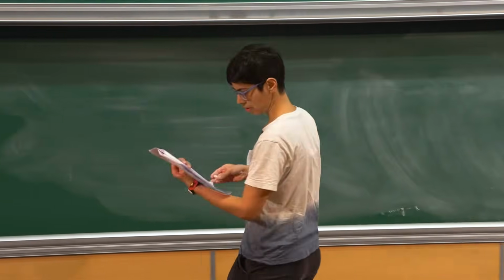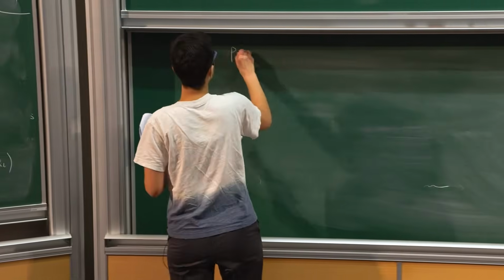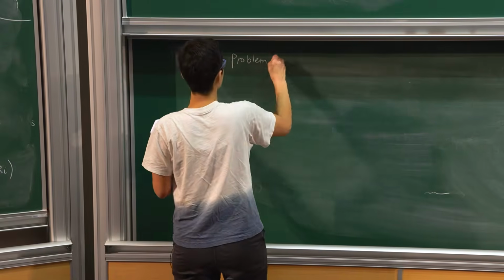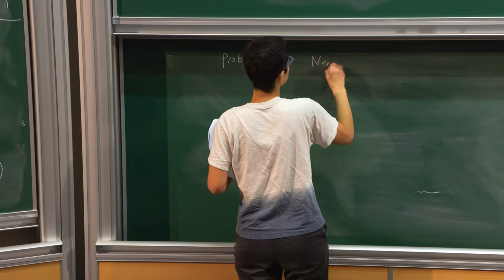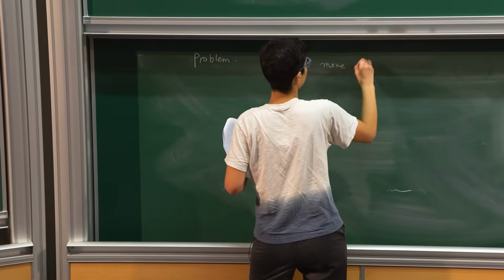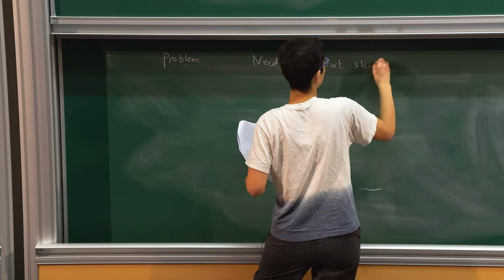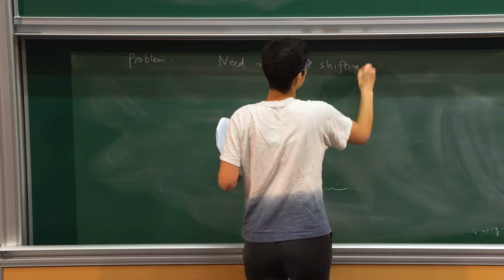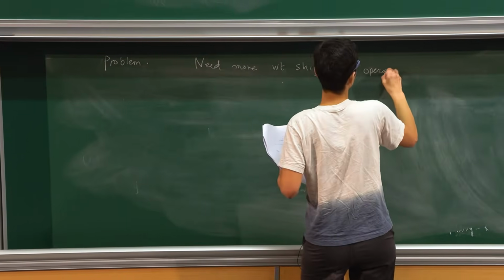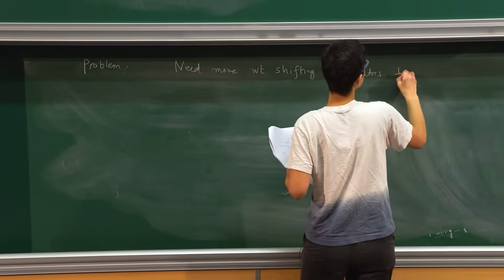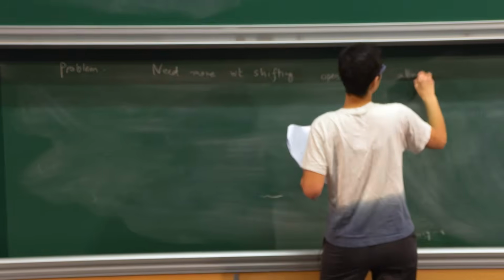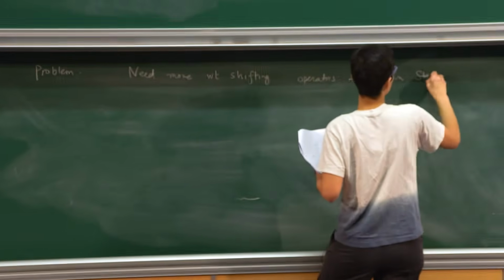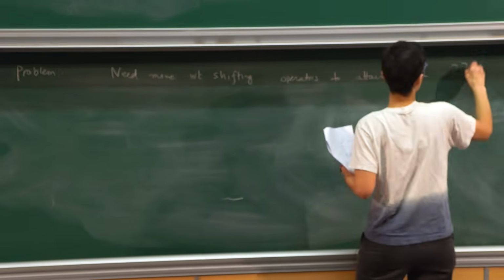So, the problem: we need more weight shifting operators to attain step 1. Okay, where do we find them?